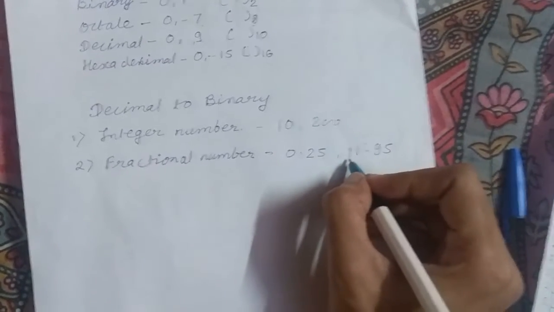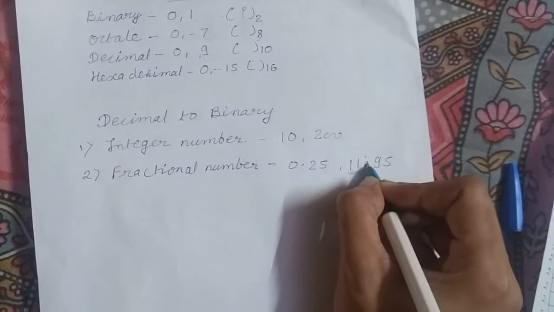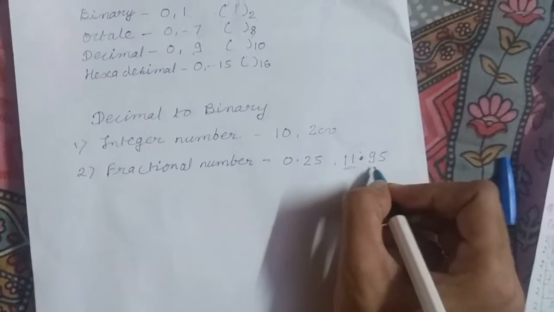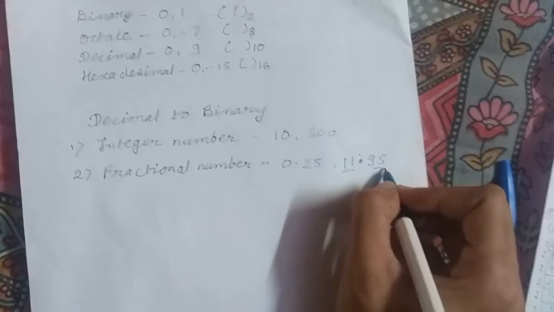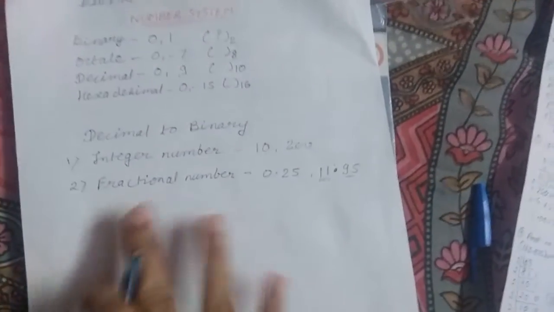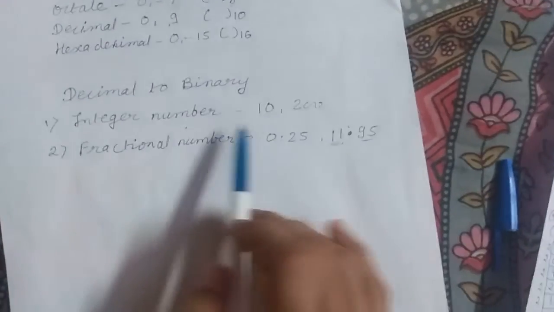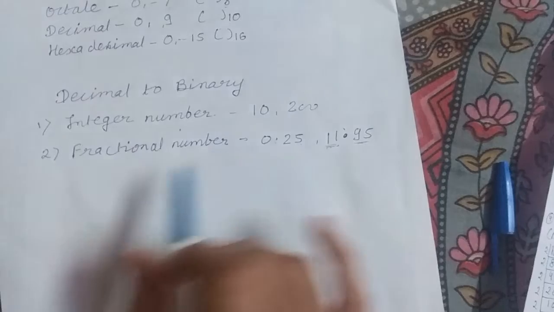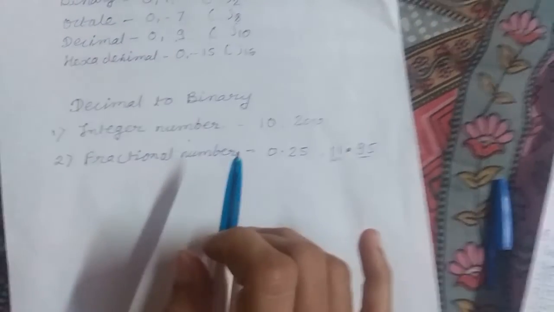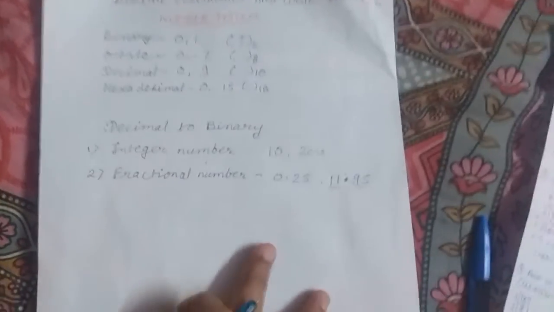Here this 11 is the integer part because it comes before the decimal point, and 95 is the fractional part. So there are two methods: when solving for an integer number, we divide, and in case of a fractional number, we go on multiplying.